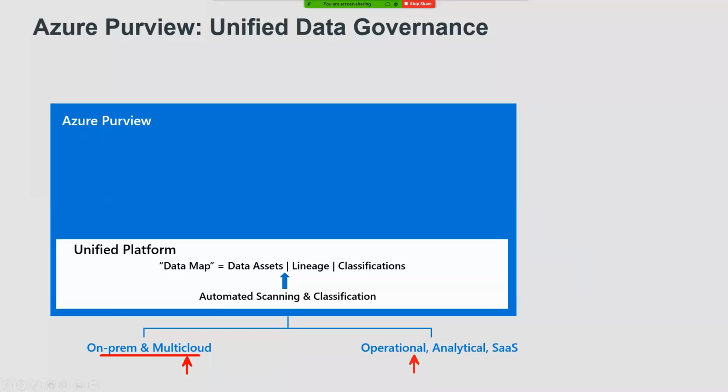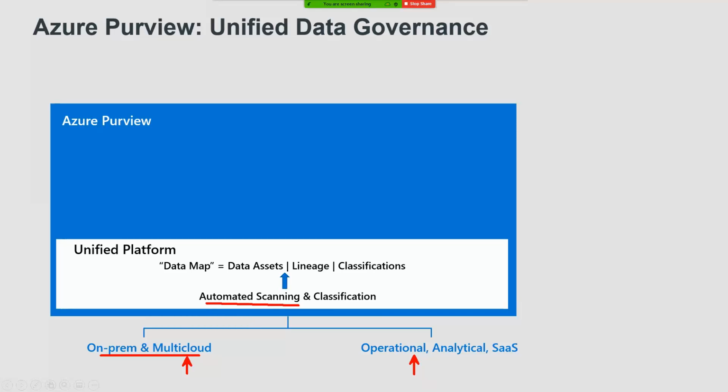Those systems can be operational systems or analytical systems, like Synapse Analytics or Power BI, compared to SAP on the operational side. And those systems need to be scanned. The scanner needs to connect there.